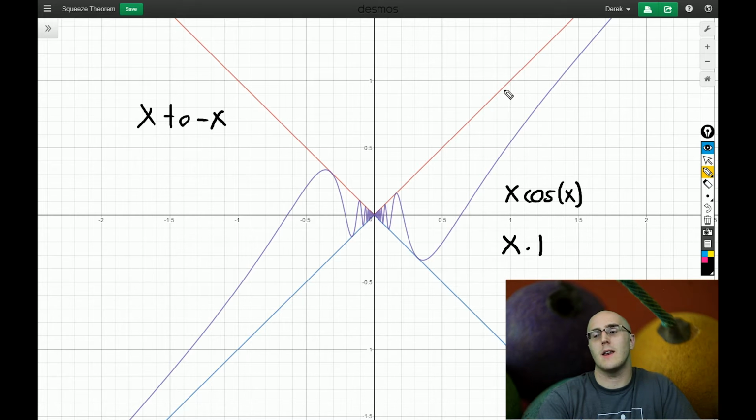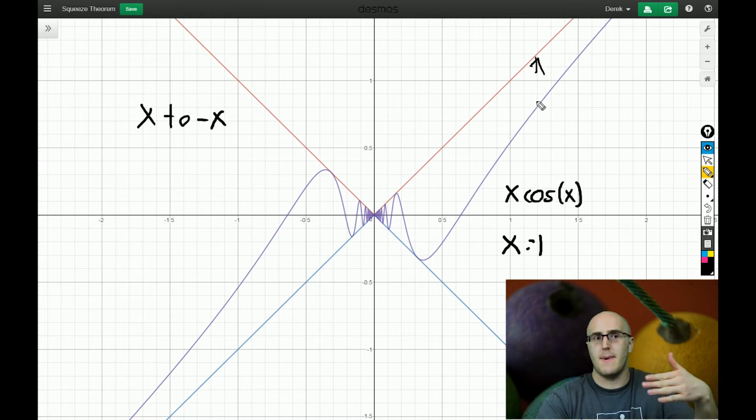Because this red line is x. Likewise, it can go to -1. Its range is -1 to 1. And so our bottom possible value is negative x when it's x times -1.